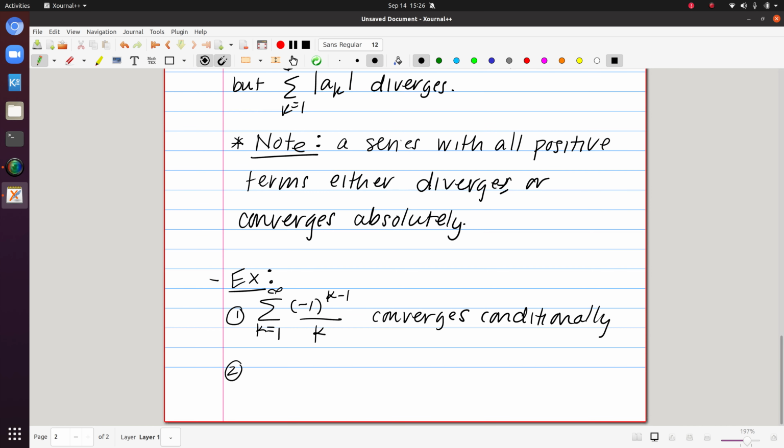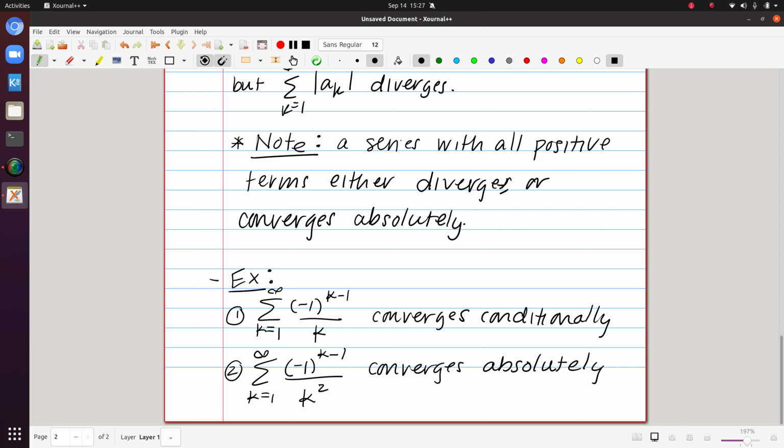However, if I made one very small change, if we look at the alternating series with terms (-1)^(k-1)/k^2, this series converges absolutely. Like the one above, we could use the alternating series test to look at the original series, show that that converges. If you take the absolute value of the terms, you're going to end up with the p-series 1/k^2. That p-series converges.